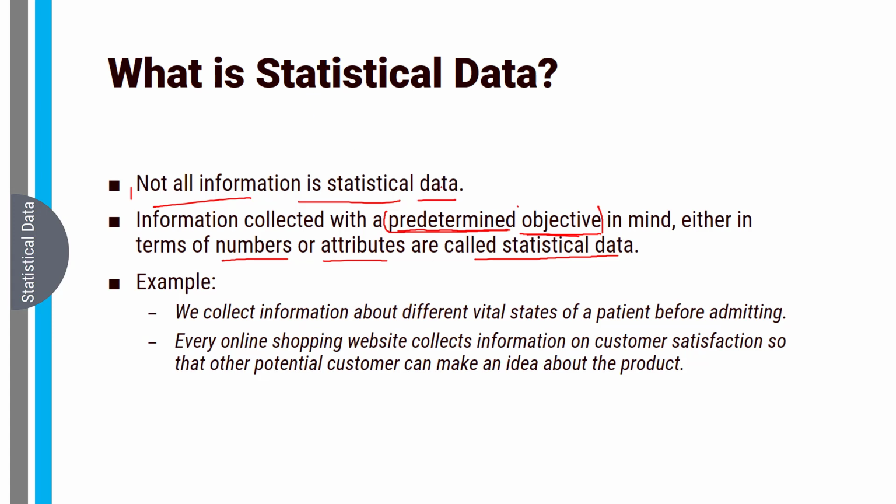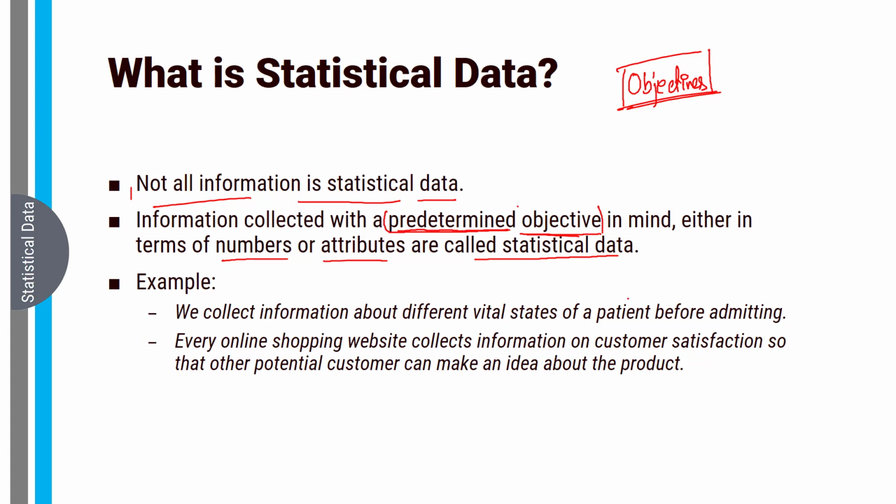For any information to be statistical data, you must have certain objectives. In any study, there are obviously certain objectives, and only if you collect information related to those objectives will that information be called statistical data.